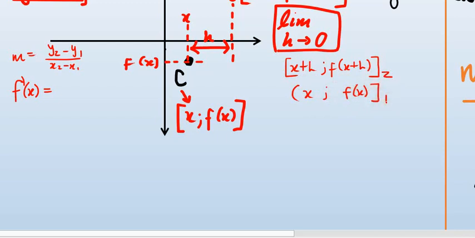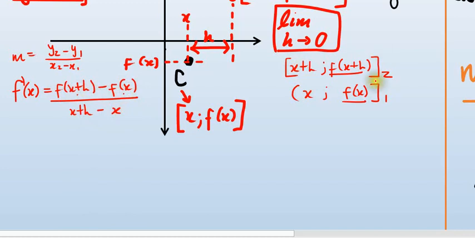So let's put it into our formula. This is my y. So my y2 is f of x plus h minus f of x. So far as it stands for y, it also stands for the formula. And then I have x plus h minus x.